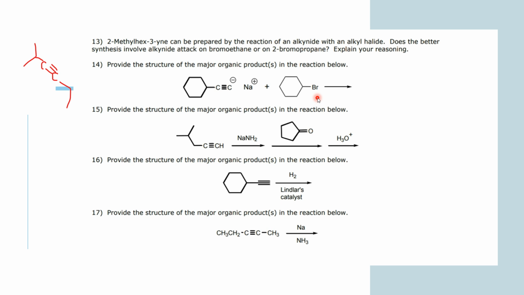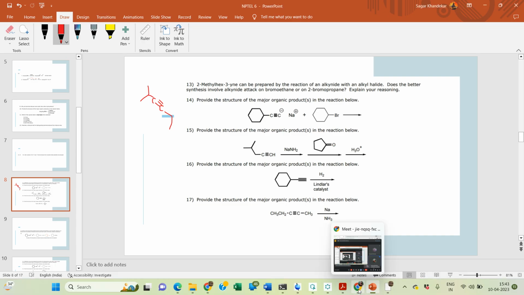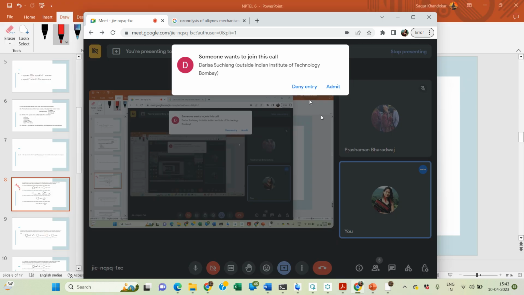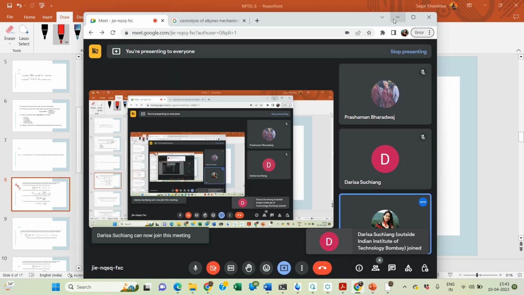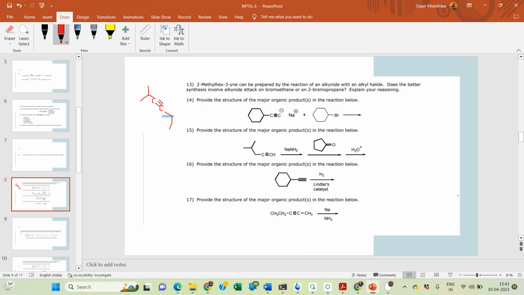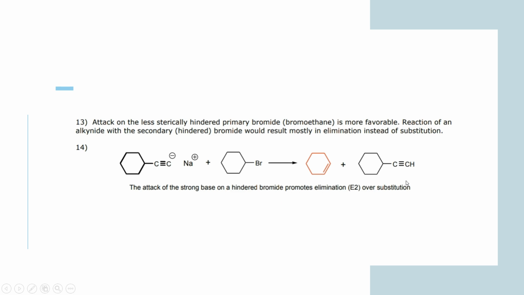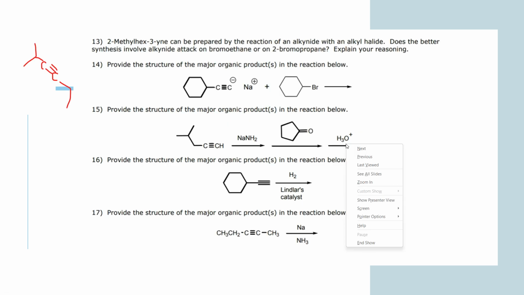Like in the previous question we discussed, you have two options. So, you have to react this sodium alkynide with this alkyl bromide.